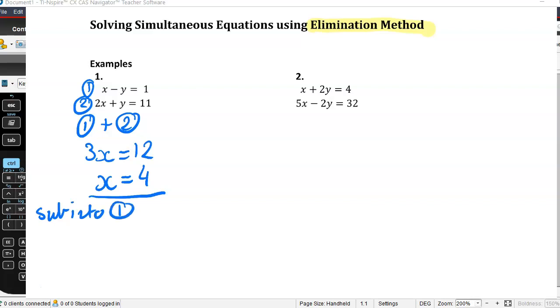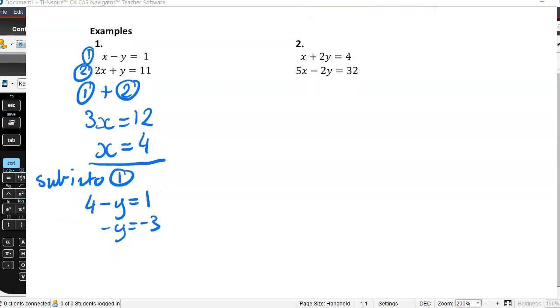That's nice and simple. So I've got 4 minus y equals 1. So negative y equals negative 3. So y equals 3. And so that coordinate is (4, 3).